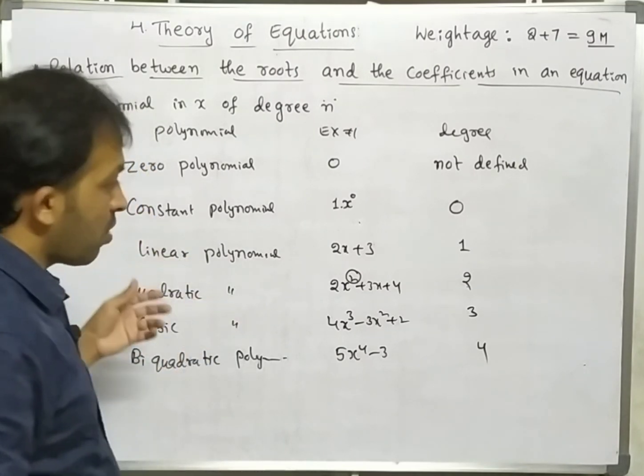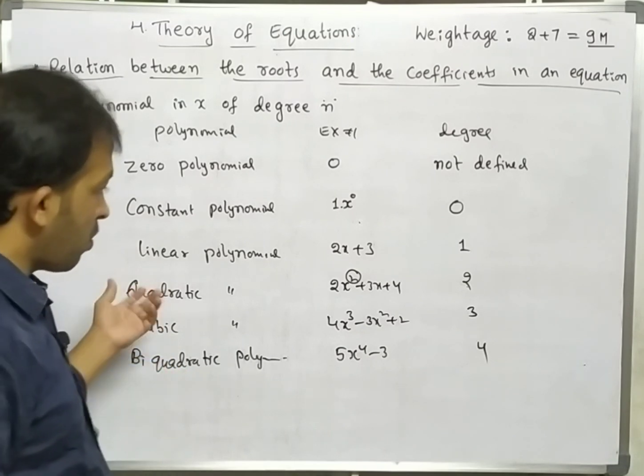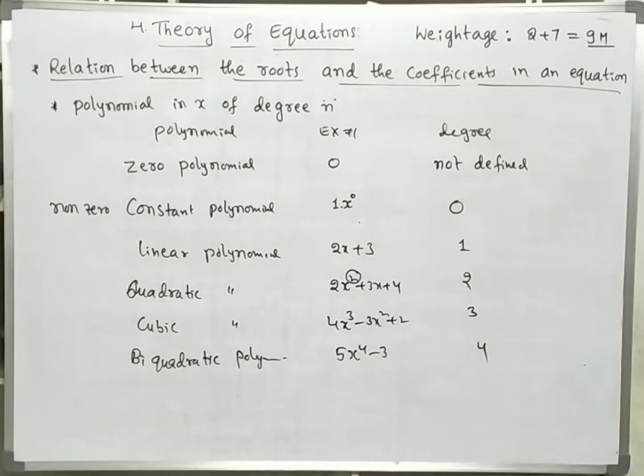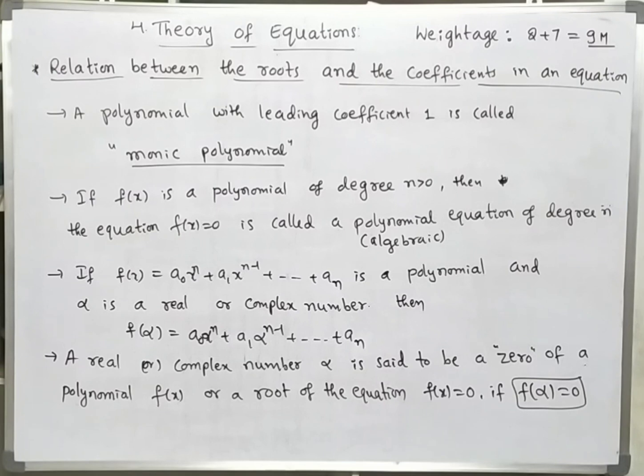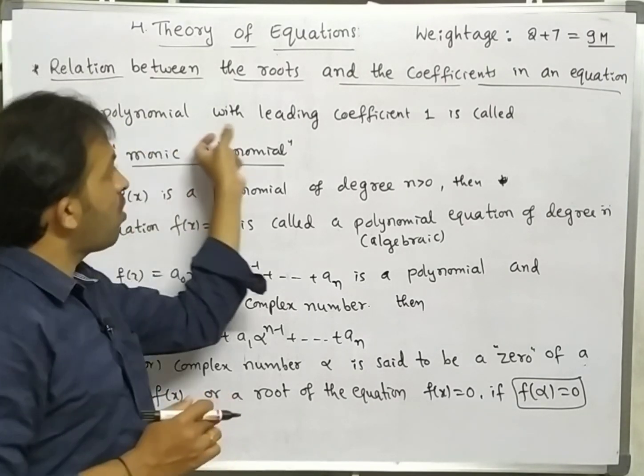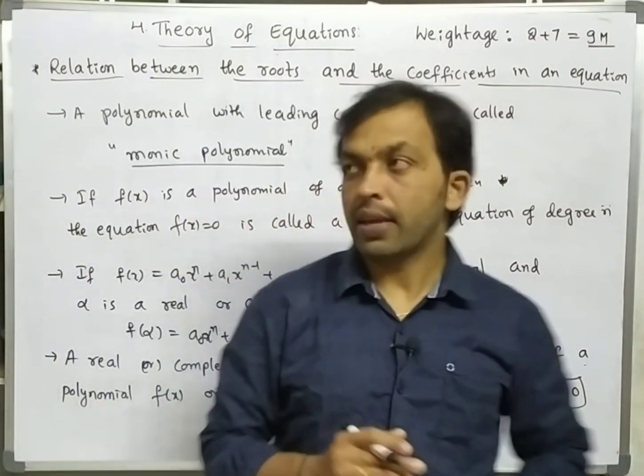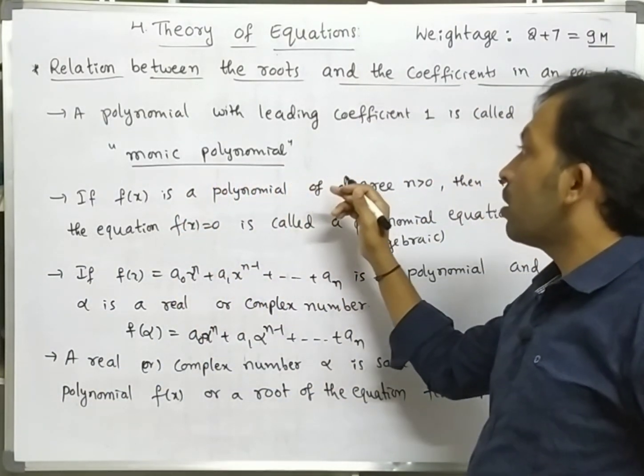Okay, and also one more point I will add. Next, some more important points. First one, a polynomial with leading coefficient 1 is called a monic polynomial.